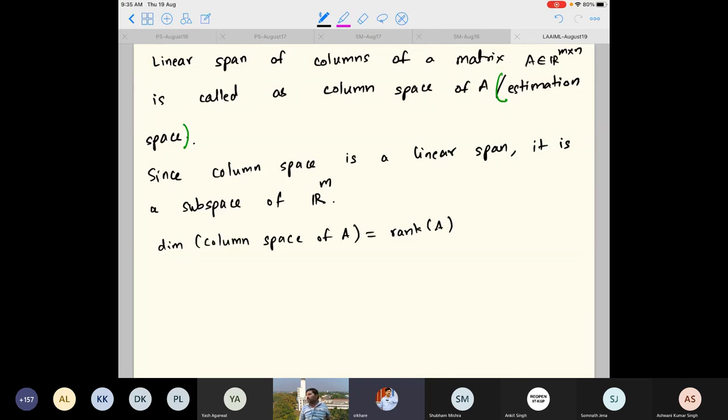Rank of a matrix is a really very important concept, and you would have used it in many places. But what does rank really mean? Rank really means the dimension of the column space of A.